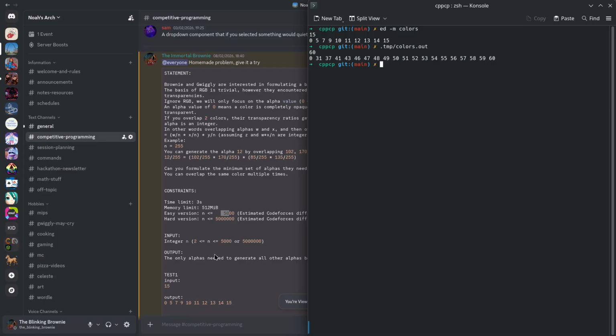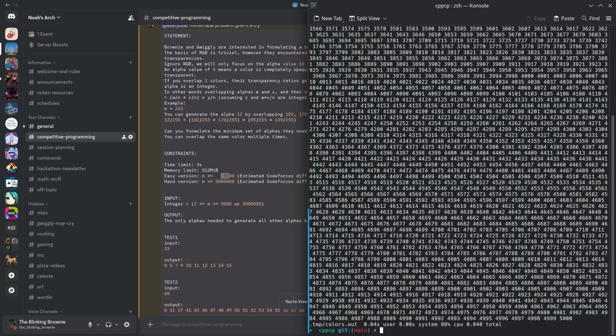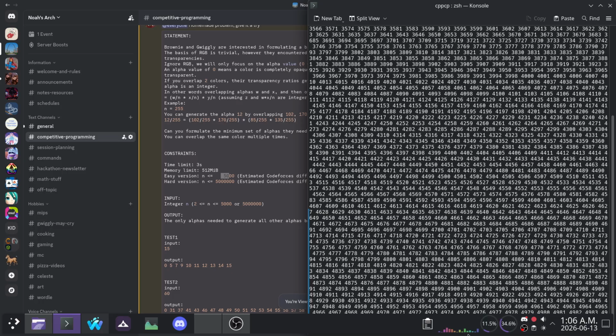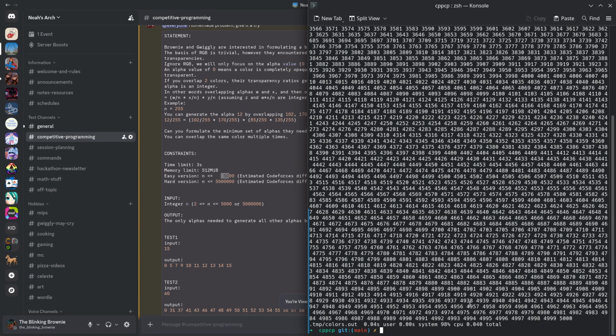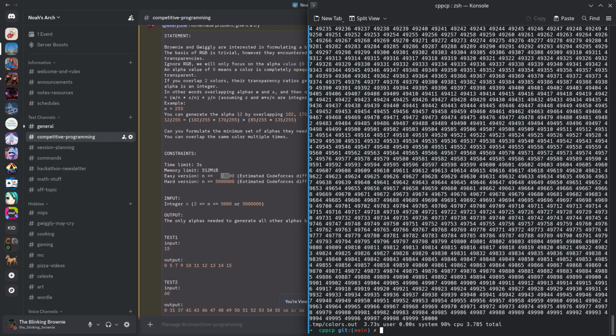So does this work fast enough for 5000? Let's try. And that took 0.04 seconds. Does it work fast enough for 5 million? So not fast enough for even 50,000. Yeah, definitely doesn't work for 5 million.